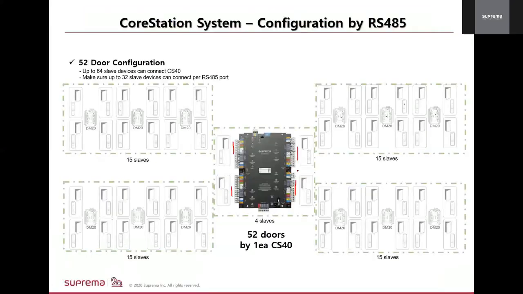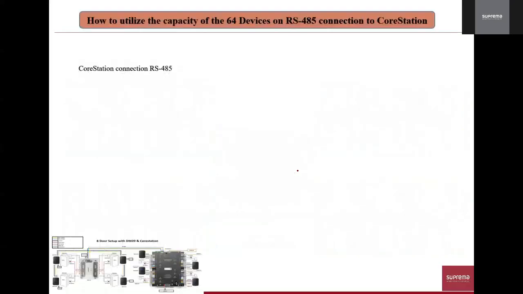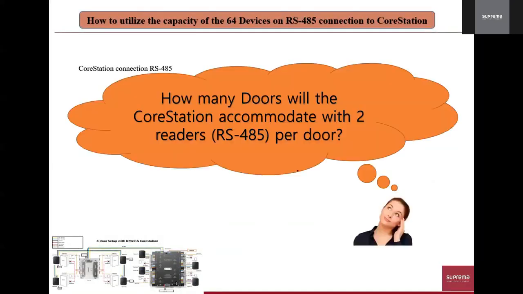Real quickly, so as you see on the previous slide, if you had one reader per door, one CoreStation can support up to 52 doors. Real quick, everyone, before I give the answer, how many doors will the CoreStation accommodate if you had 2 readers per door?